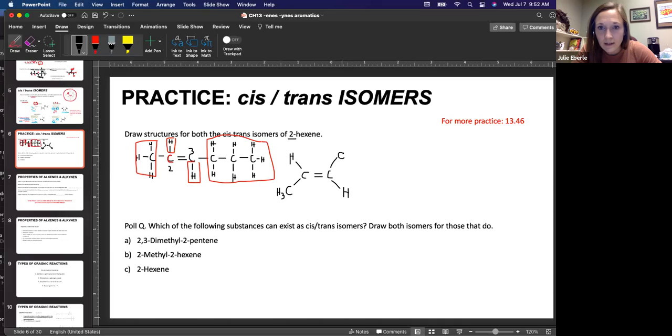I'm going to just write it CH2, CH2, CH3. And that is a propyl group. Now, I have drawn one of the isomers. Did I draw the cis or the trans?